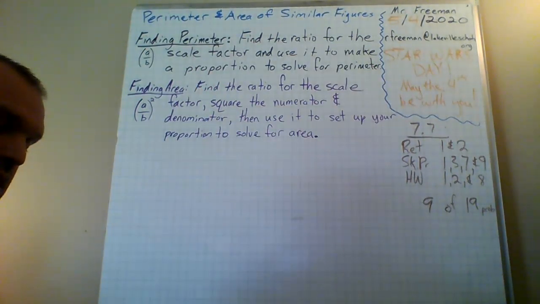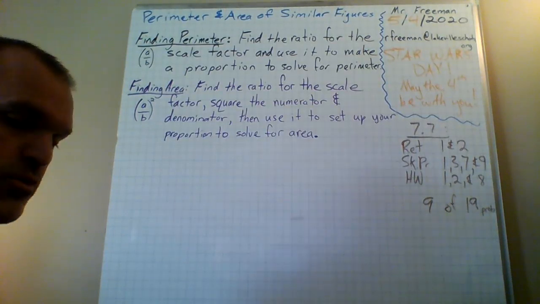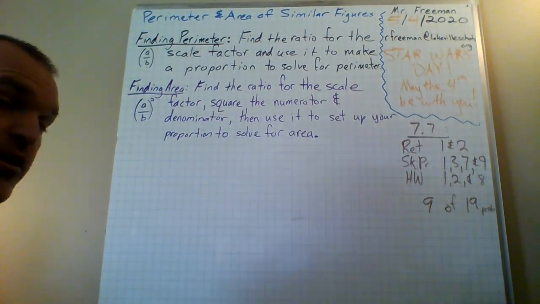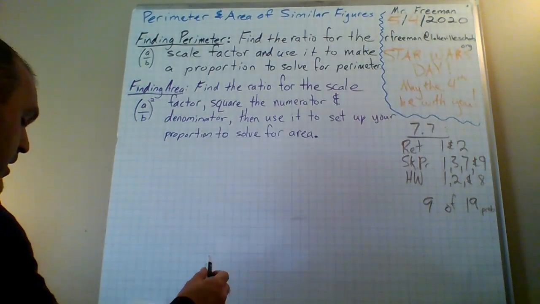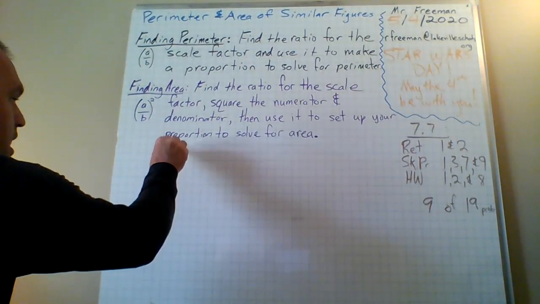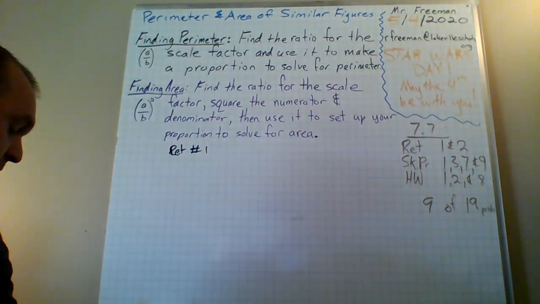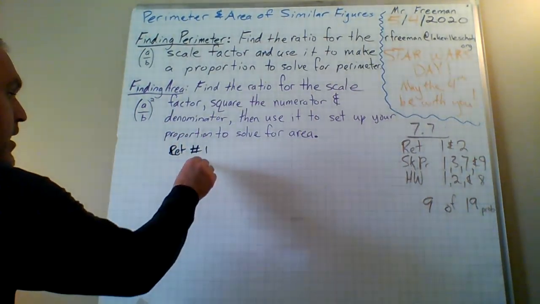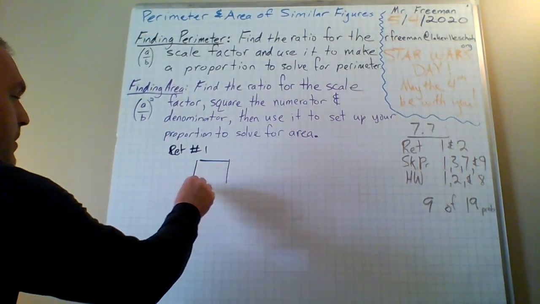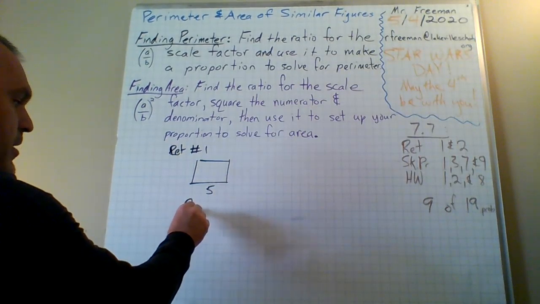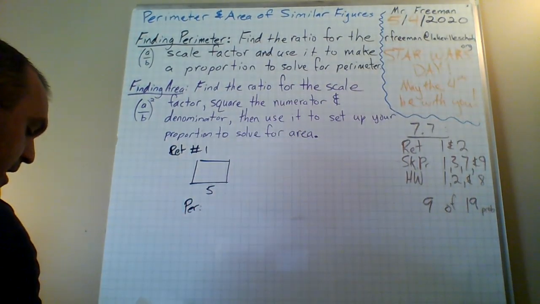And so we look at these. These are very visual problems. Very important that you try to draw these as I do or as you're doing them on your own. If we're looking at number 1 in the reteach, they say Pauline is making herself a frame, and we've got a smaller frame that has a 5 for a length here, and they tell us that the perimeter for that guy is 16.